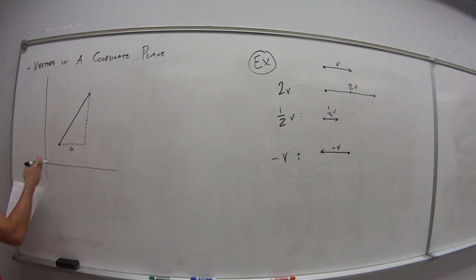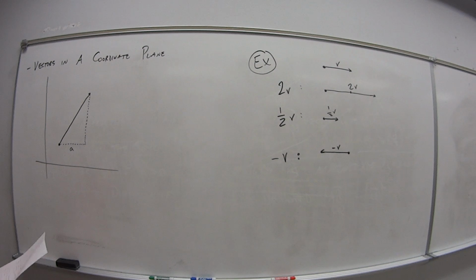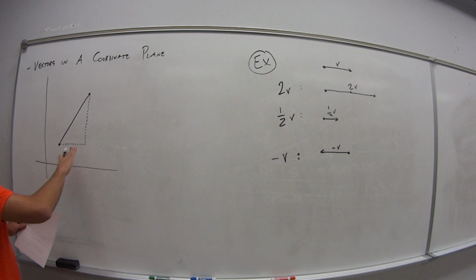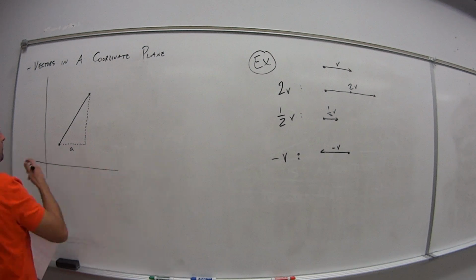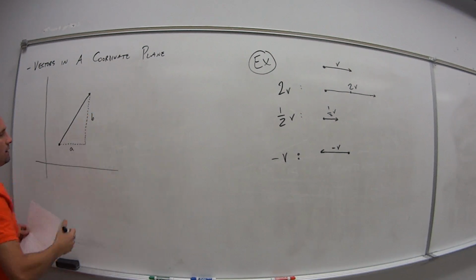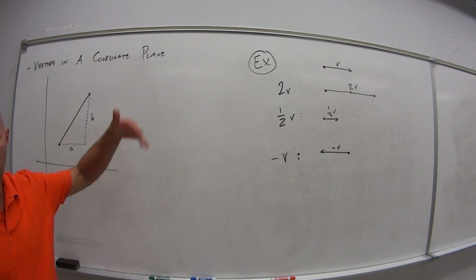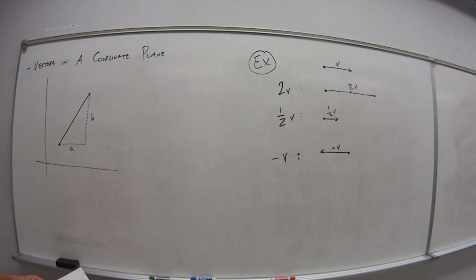We're going to represent our movement to the left or right with the letter A. A is positive if we're moving to the right, negative if we move to the left. B is our vertical change, positive if we're moving up, negative if we're moving down from our initial point to our terminal point.